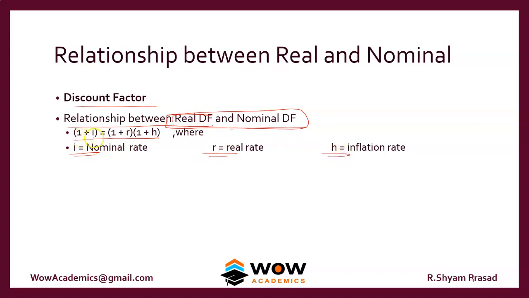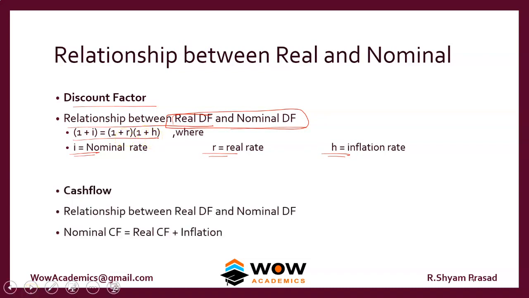So that's how the formula works. The relationship between the real cash flow and the nominal cash flow is that the nominal cash flow equals the real cash flow plus the inflation.